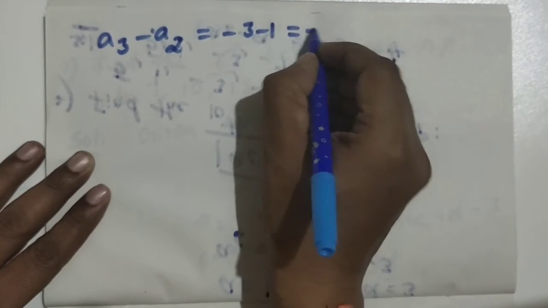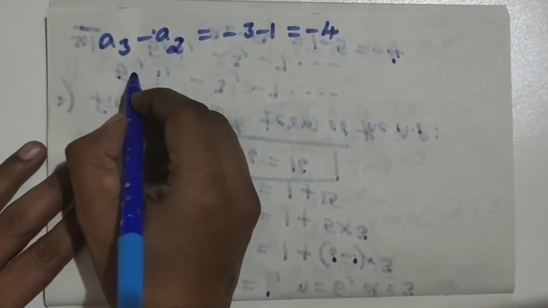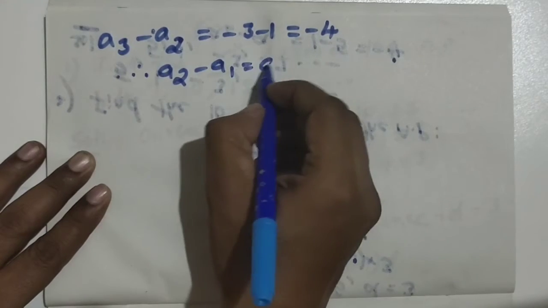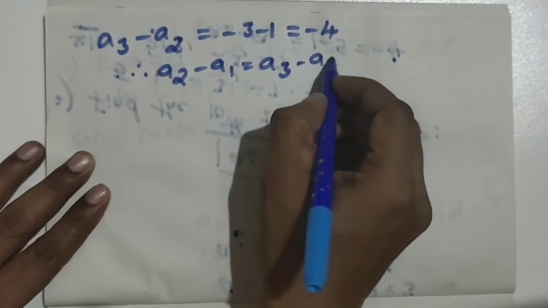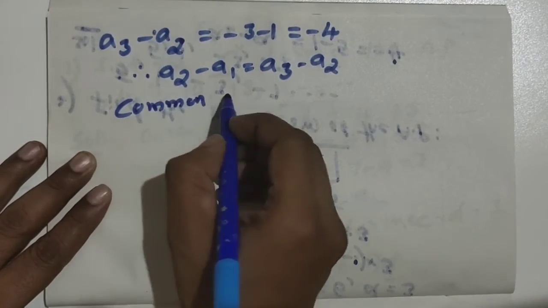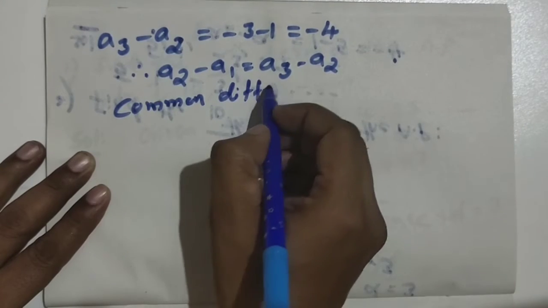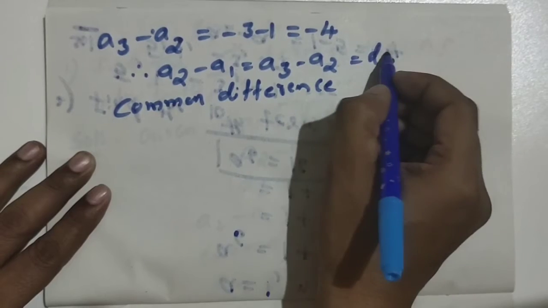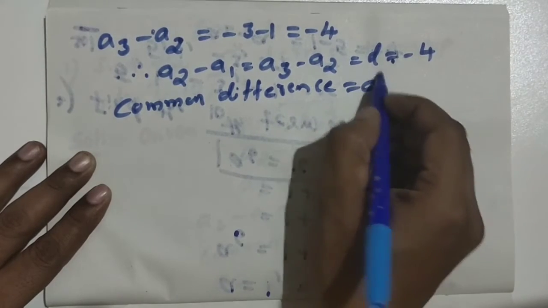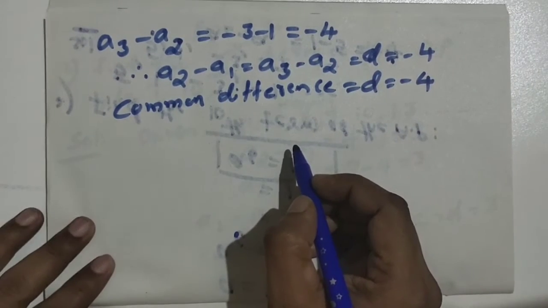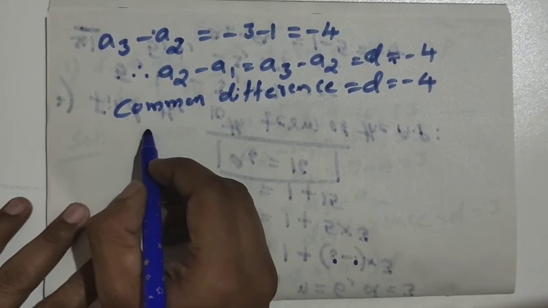Here also we get minus 4. Therefore A2 minus A1 is equal to A3 minus A2. So the common difference is d is equal to minus 4. Now here we need to find the 10th term.